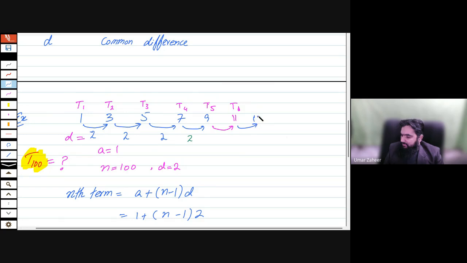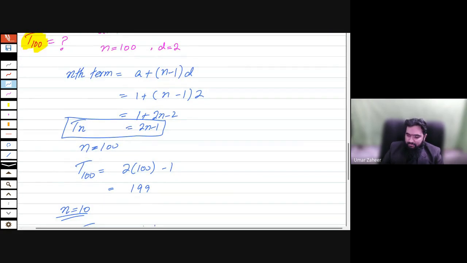Next will be 13, 15, 17, and 19. It is T6, T7, T8, T9, and T10. So the 10th term will be 19. We have verified our formula for the nth term. Yes, we are getting the nth term is 2n minus 1.